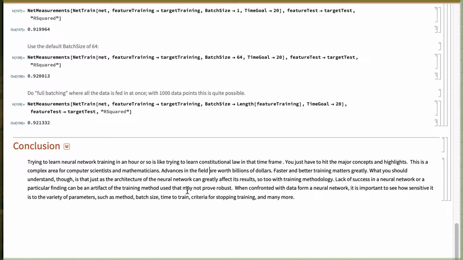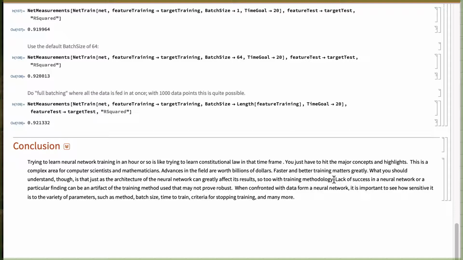So what you should understand, though, is just as we saw in earlier lessons that the architecture of the neural network can greatly affect its results, that's also true with training methodology. I wish I had a better instance for you here, but you're going to have to trust me that many times issues like batching do make a big difference. And so lack of success in a neural network could just be an artifact of the training method used and might not be robust.